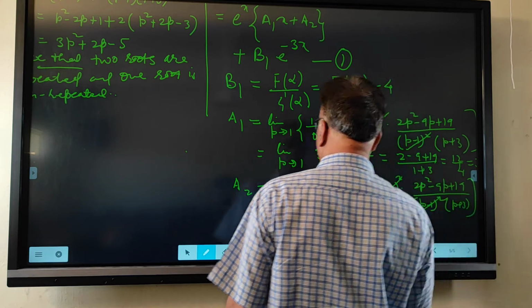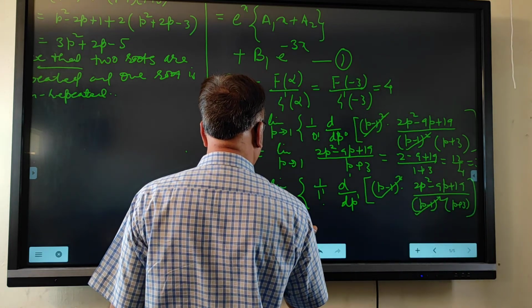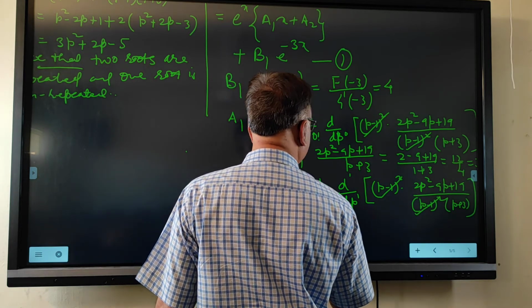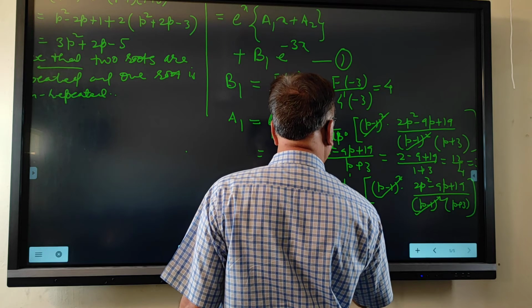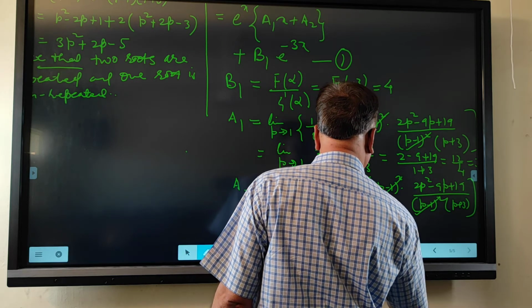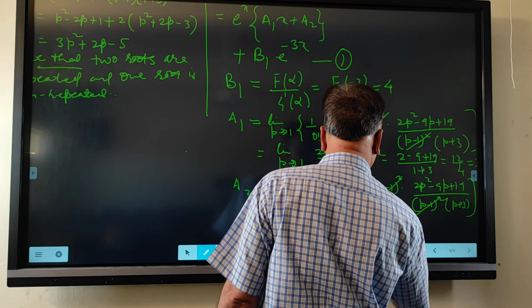This is cancelled, so we get limit p tends to 1 of d by dp of (2p square minus 9p plus 19) upon (p plus 3).